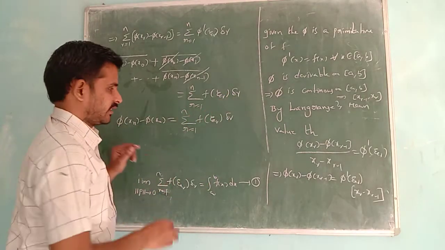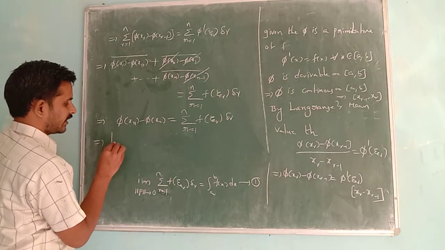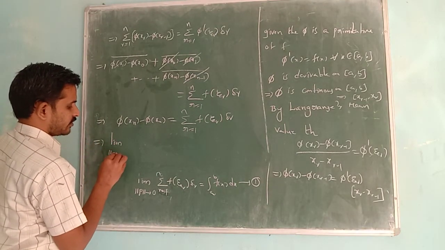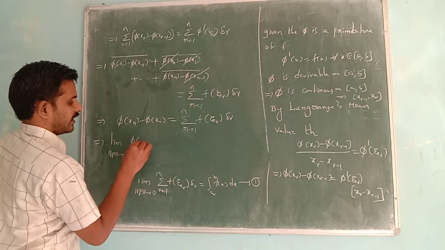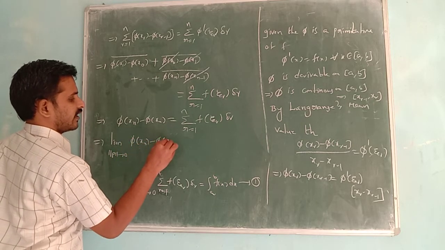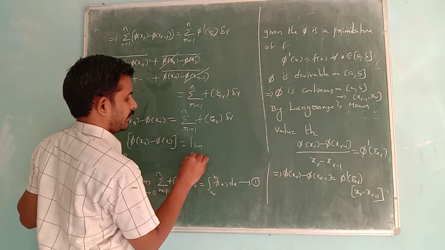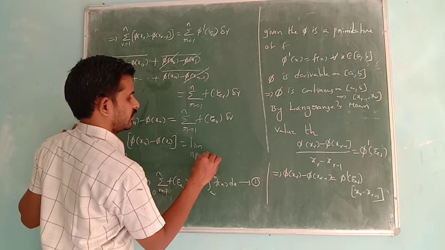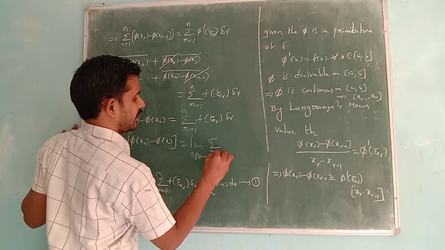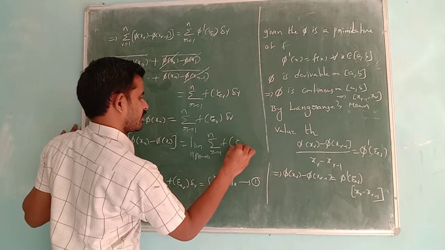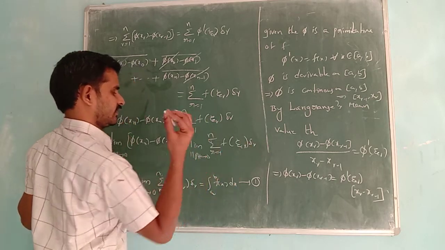Apply the limit on both sides. Then limit as p tends to 0 of phi(xn) - phi(x0) is equal to limit as p tends to 0 of sigma, r running from 1 to n, f of xi_r delta r.